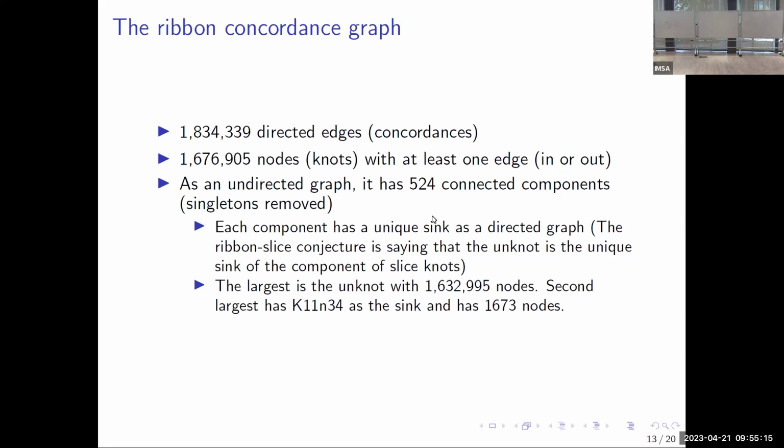So there were about 1.6 thousand knots that were ribbon concordant to the Conway knot. And that's just what this graph looked like. It was a bunch of components, mostly the unknot component, and each component had a unique sink.